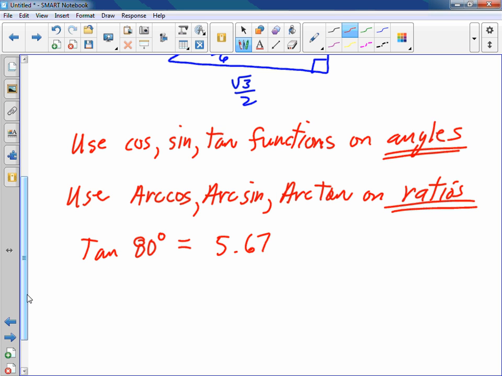Okay, then go arctan of the second answer equals 80 degrees, right? Okay.